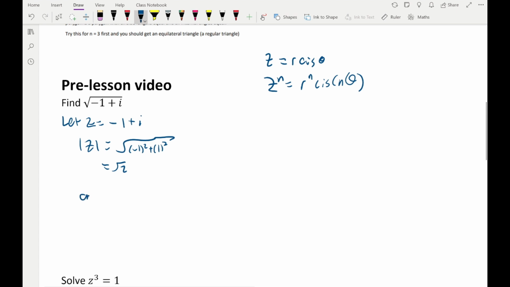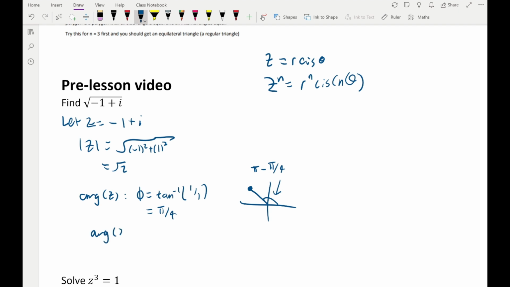Now, if we want argument of z, we're going to start by finding inverse tan of 1 over 1, which is pi over 4. But we need to adjust because we're sitting over here, so we do pi take pi over 4 to give us that angle there. So argument of z is pi take pi over 4, which is 3 pi over 4. So z is going to be root 2 cis of 3 pi over 4.